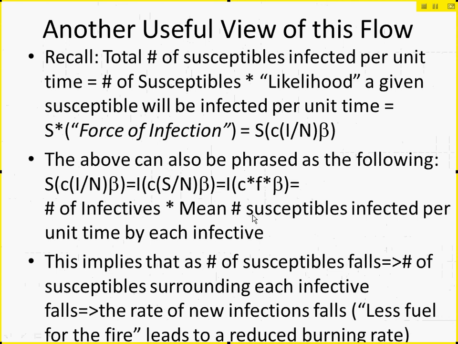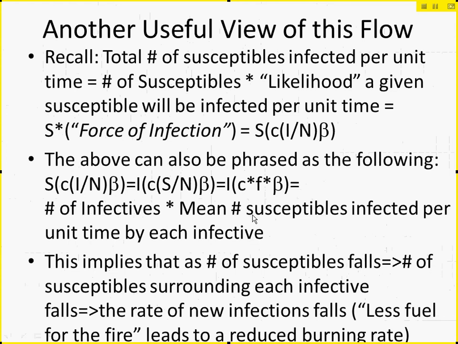One thing it bears noting is we can think about that term, the number of people per unit time being infected, in one of two ways. We can think about it as, okay, from the standpoint of a susceptible, I'm a given susceptible, how many people do I run into total per unit time? What fraction of those people are infective?